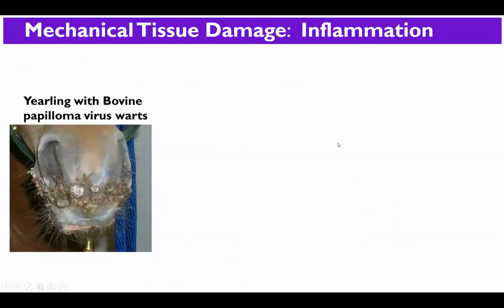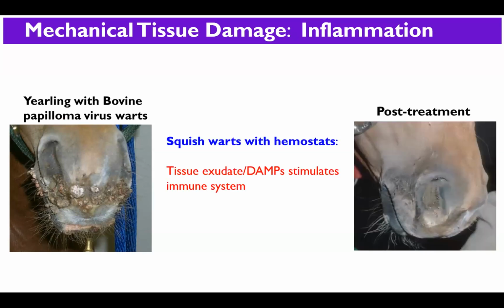Another one here is use of mechanical tissue damage to induce inflammation. So exactly what's happening here? This horse has bovine papillomavirus warts. And if you use a hemostat, and by the way, this is still in practice, and it works.